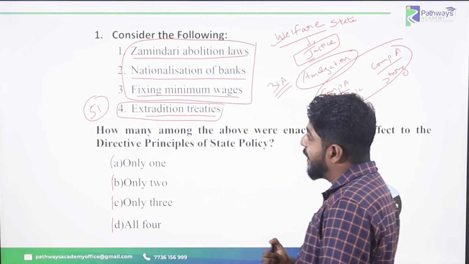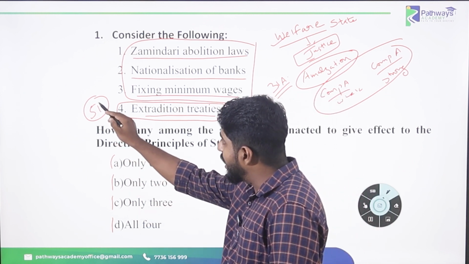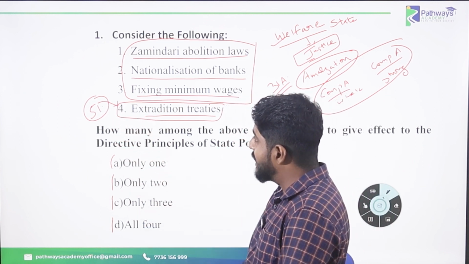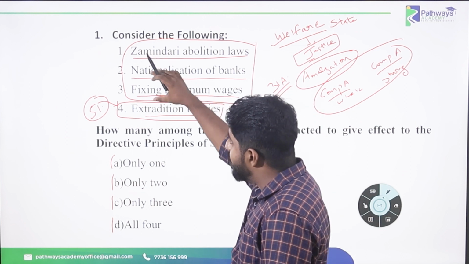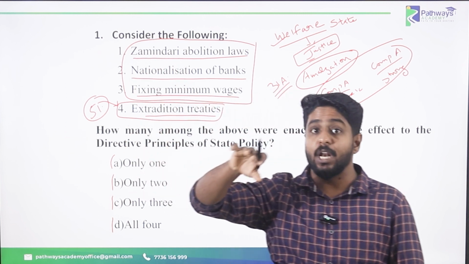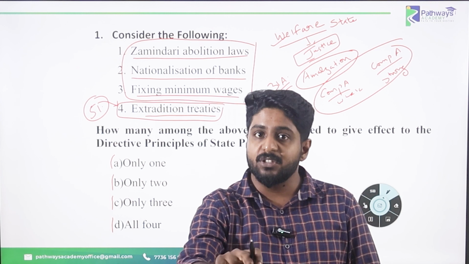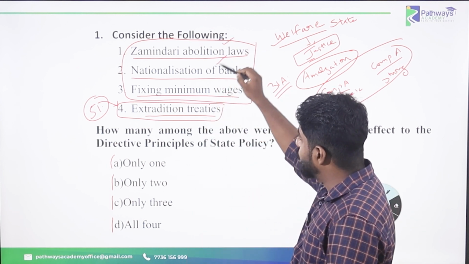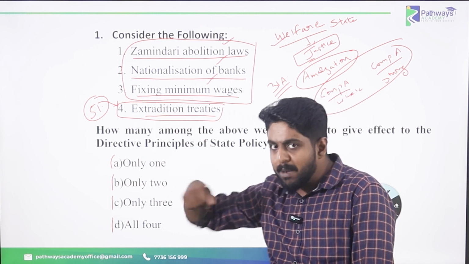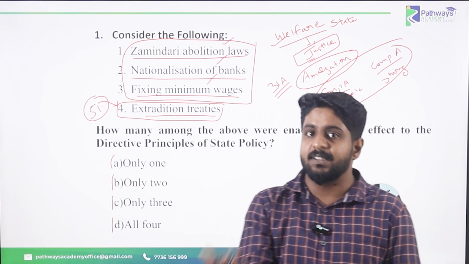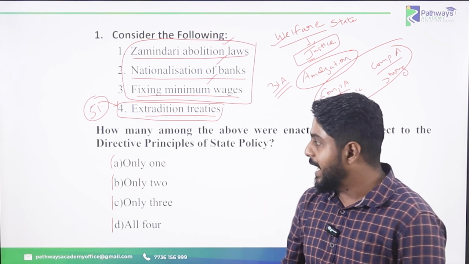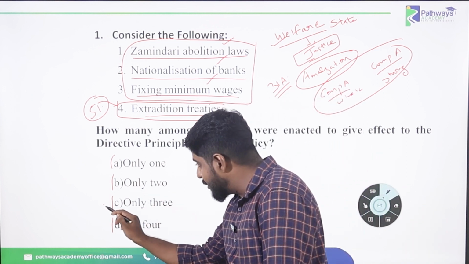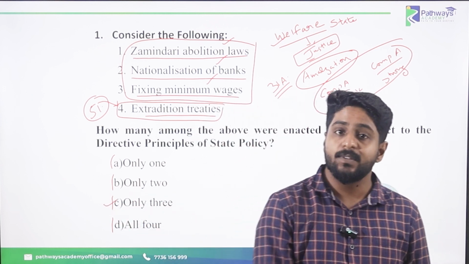You may say that article 51 has a connection with extradition treaties, but the most important laws in resonance with the directive principle of state policy are number 1, 2, and 3. This can be interpreted as an extension, but as per our official answer key, the answer is option C, that is only 3.